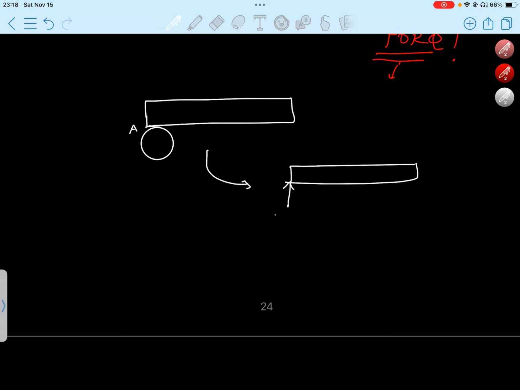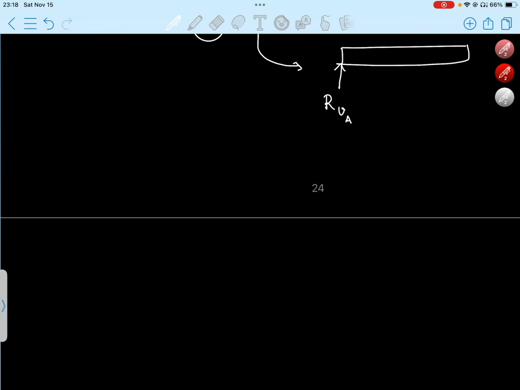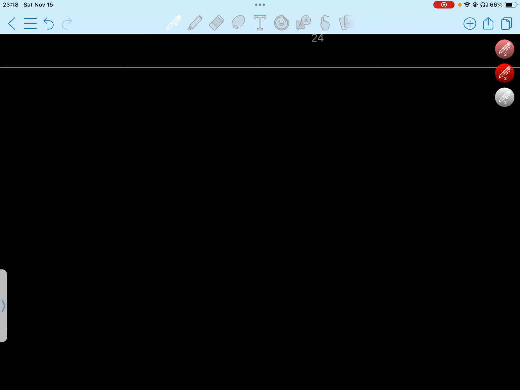If this point is A, we can write it as vertical reaction force at A. Alright, we are done with roller.